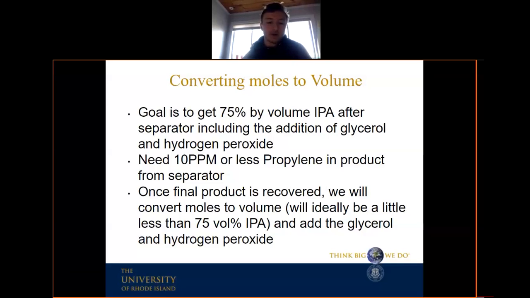Once this final product is recovered, we will convert the moles to volume. Ideally, we'll have less than 75% volume of IPA in our product stream. Therefore, when we add the glycerol and hydrogen peroxide, hopefully it'll be roughly 75% volume of IPA.